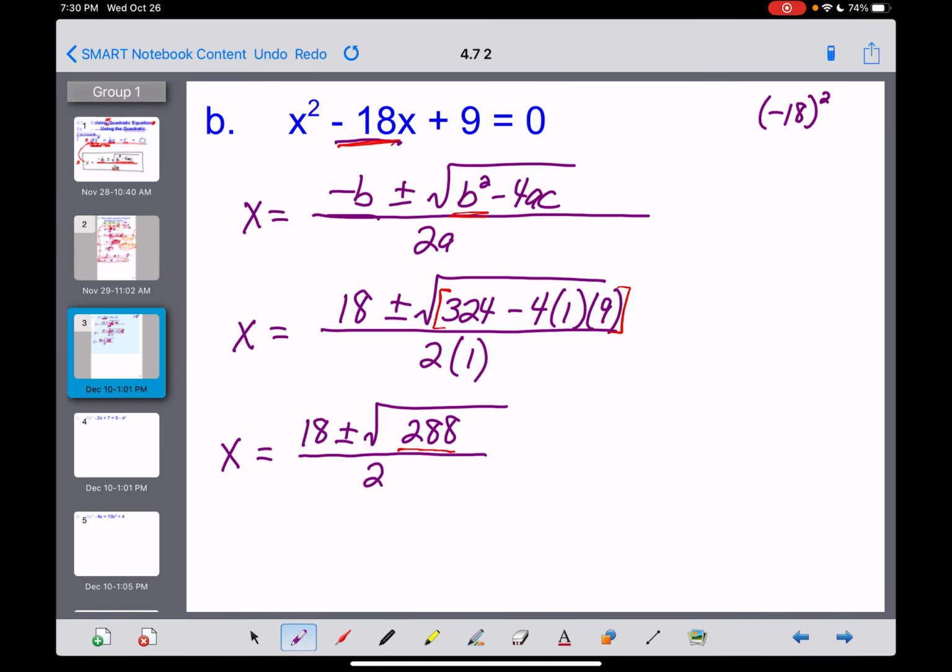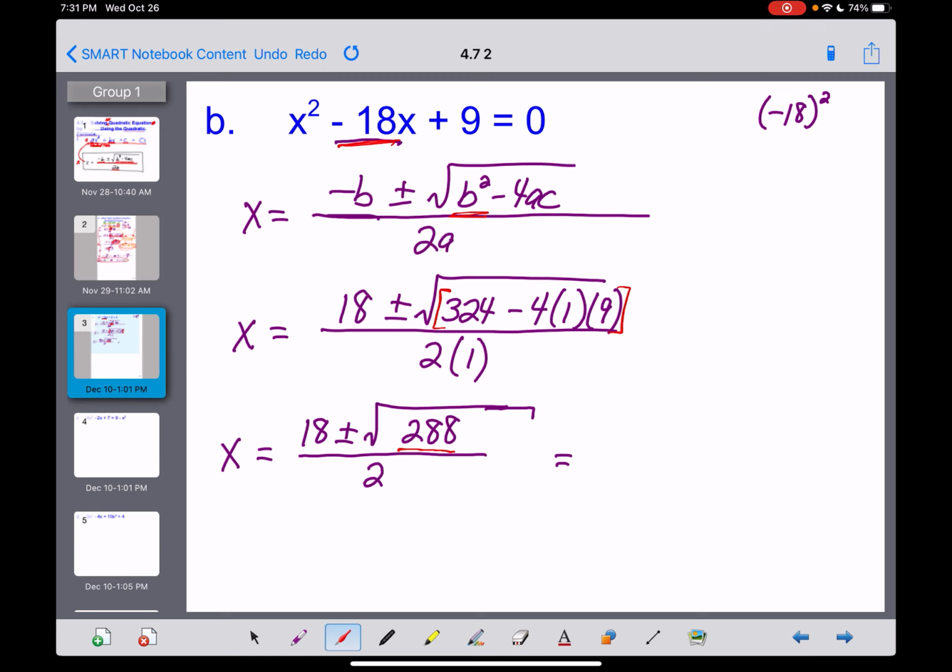Well, this is new here, guys, and we haven't dealt with this too much before. We're going to have to simplify that radical. And what we're going to do then, I'm going to try to cram this all in this one step right here, guys. We're going to have to get rid of the 288 and look for a perfect square that divides evenly into that number. Now, we've already talked about some strategies for doing this. Here's what I would recommend. 288 is clearly not a perfect square.